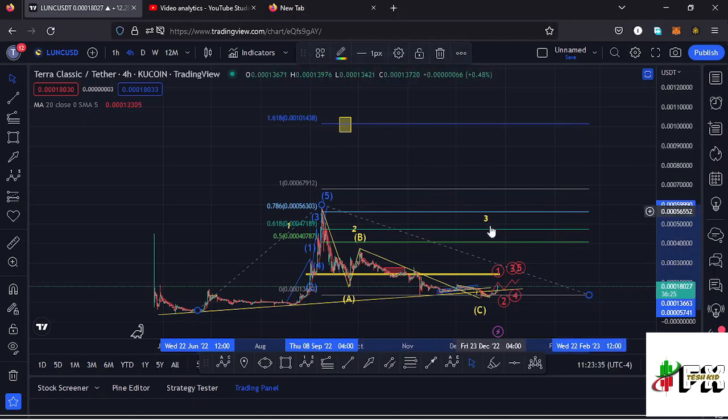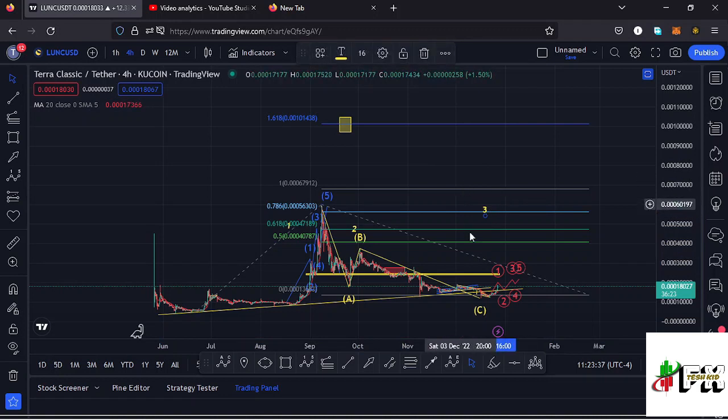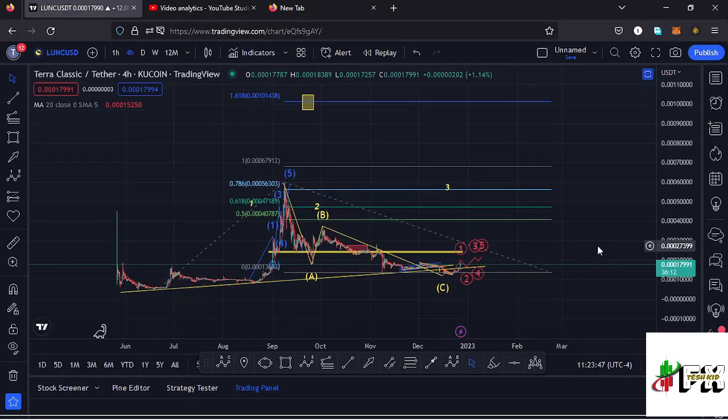And in case that happens and we continue pushing higher in the formation of this wave 3, there are chances that LUNC might be able to reach $1 in the formation of that higher Elliott wave count 3 to the upside. So let's be patient and see how that plays out, and I'll keep you updated.